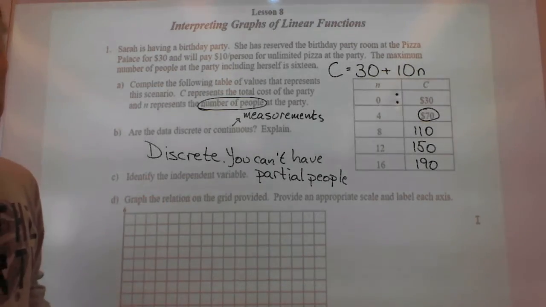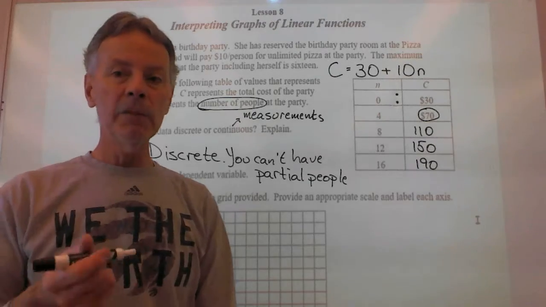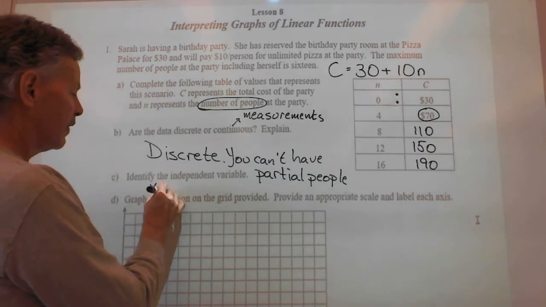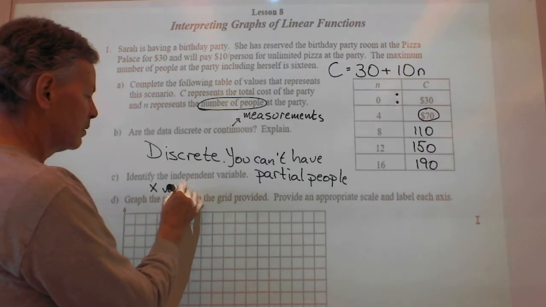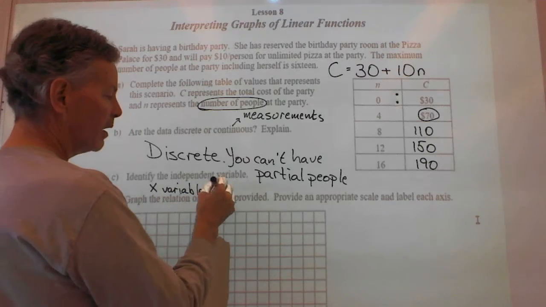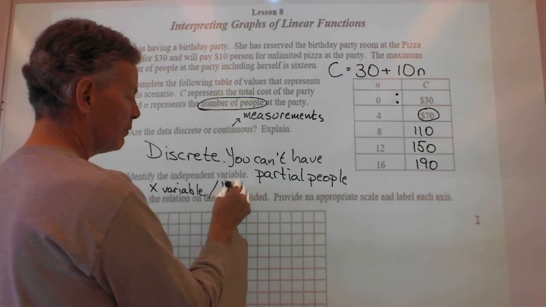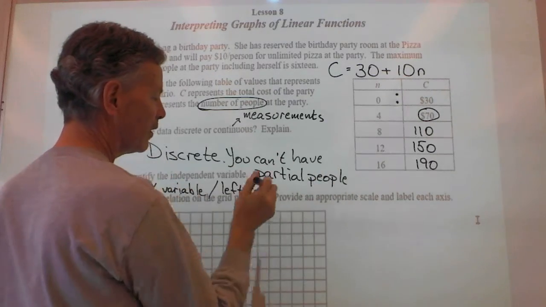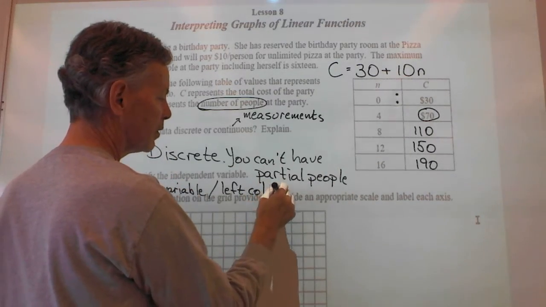Identify the independent variable. Remember, the independent variable is always your x variable. Another way of thinking about it is it's always going to be the left column. If you're given a table of values, it's always going to be the left column.